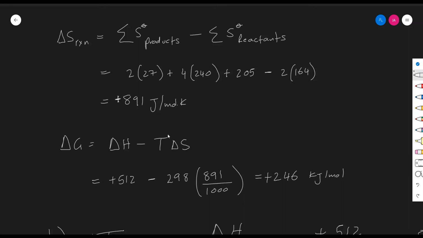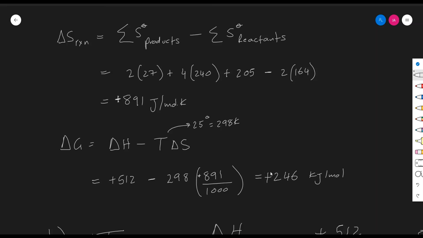We are given the temperature as 25 degrees Celsius, which equals 298 Kelvin, as placed over here, and I multiplied it by the entropy change of the reaction, which was a positive 891, divided by 1000 to convert the units of the entropy change to kilojoules per mole, and it produced positive 246 kilojoules per mole.